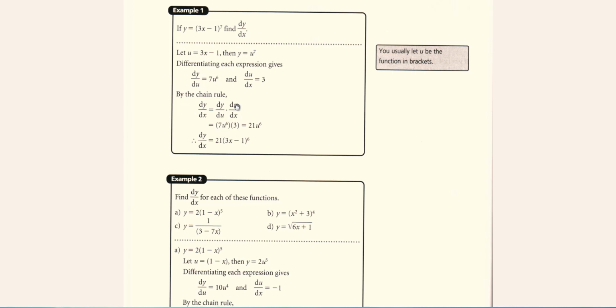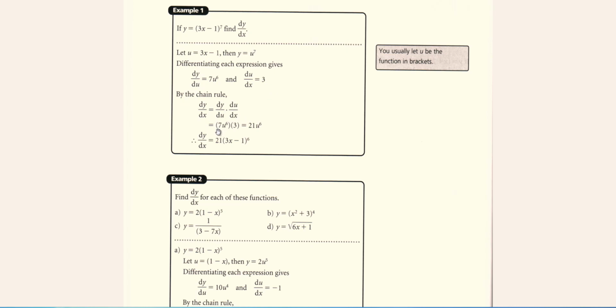Now, this is the formula we need to remember. This is the formula we're going to use all the time. Dy dx, which was what we wanted to find out, the derivative of this function. First, we take this part, 7u to the power 6, and then times du dx, which was this part, the inner part.